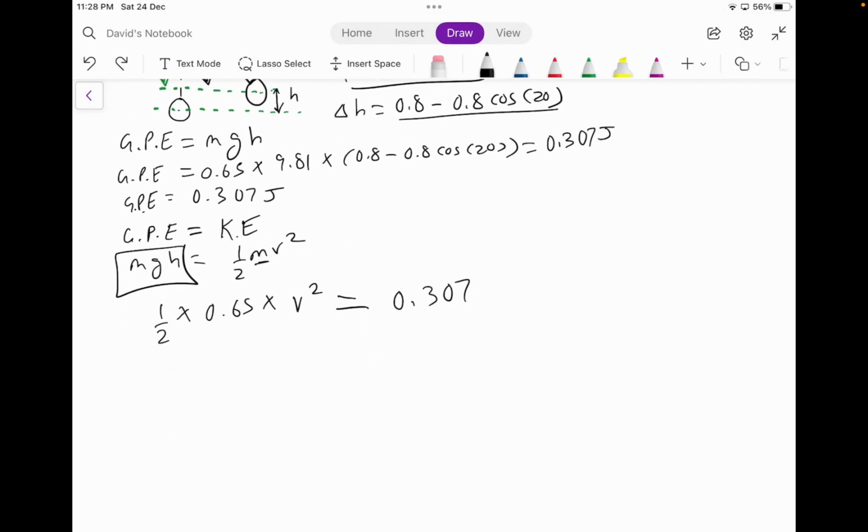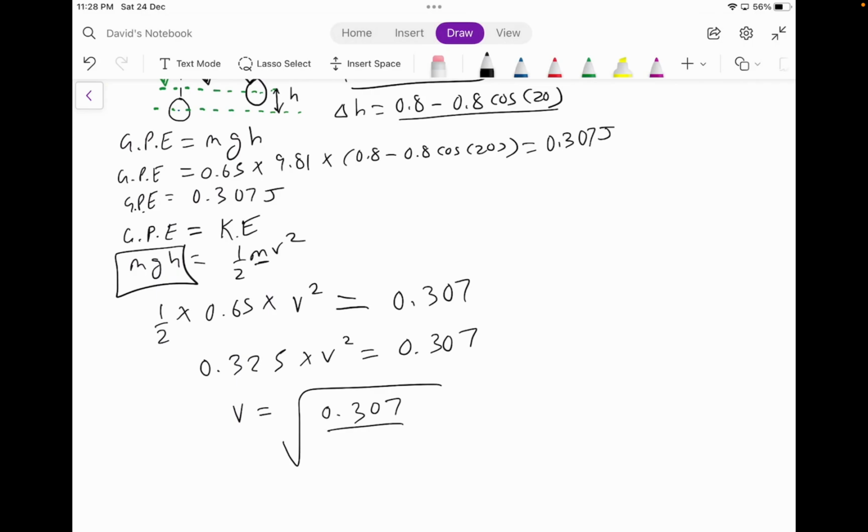Half of 0.65 is about 0.325, so 0.325 times v squared is equivalent to 0.307. We're going to make v the subject of the formula. That's going to become v is equivalent to the square root of 0.307 divided by 0.325.